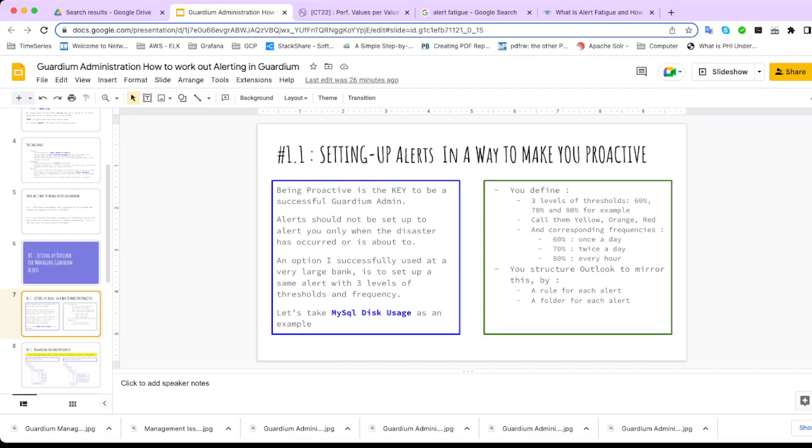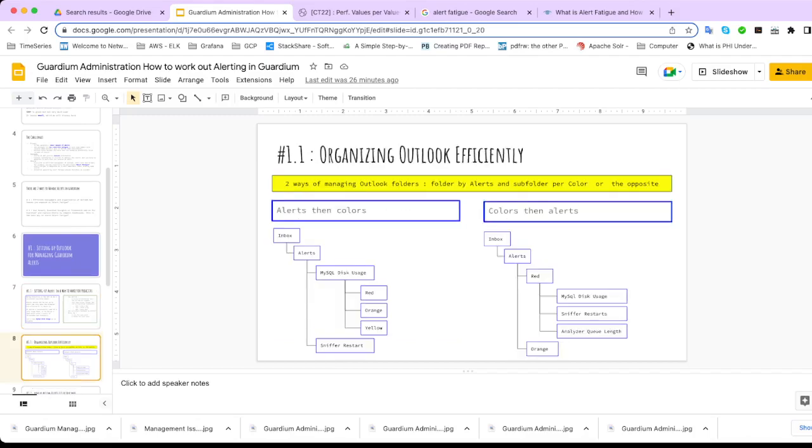You set up the rule in Outlook to send the email and the alert in a dedicated folder. So, in terms of structuring the folders in Outlook, you've got basically two ways.